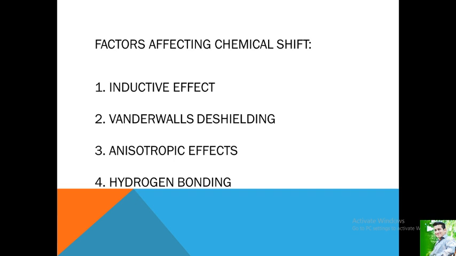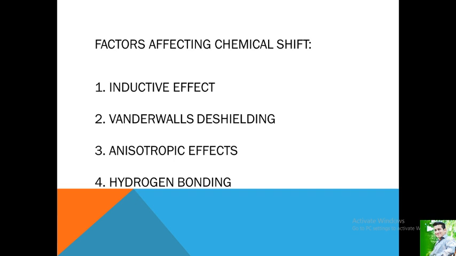Clearly, the electron cloud of a bulky group will tend to repel the electron cloud surrounding the proton. Thus, such a proton will be deshielded and will resonate at a slightly higher value of chemical shift than expected in the absence of this group.